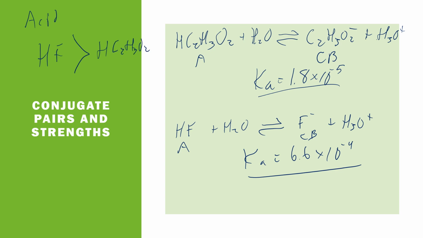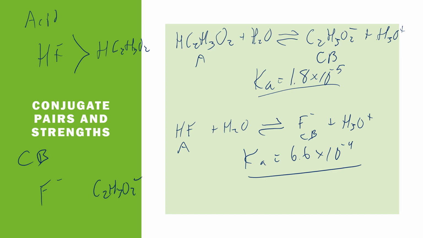All right. Now, based on the strength of the acid, we can predict the strength of the conjugate base. So, the stronger the acid, the weaker the conjugate base. So I'm going to write conjugate base. Our conjugate base of HF is fluoride, and our conjugate base of the acetic acid is acetate.